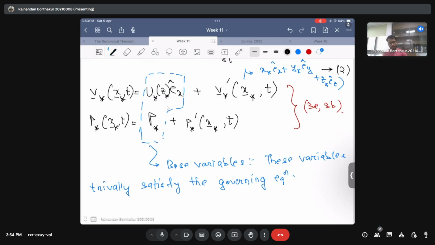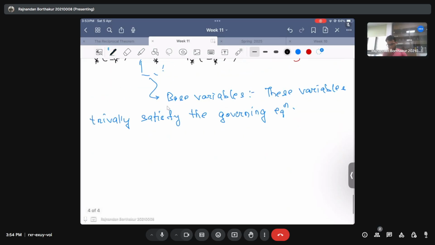Let's start off by writing the continuity equation for the base variable. This will boil down to del u star, which is a function of z. Remember this capital U is the base variable. We are writing the governing equations that the base variable satisfies.